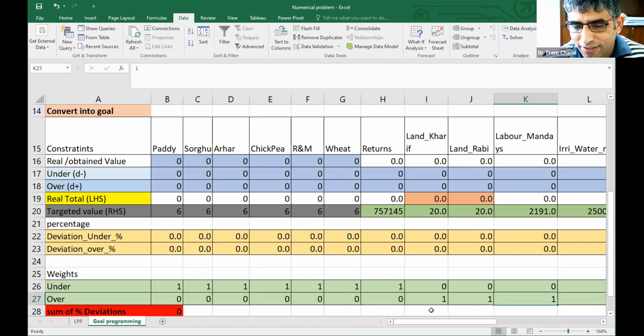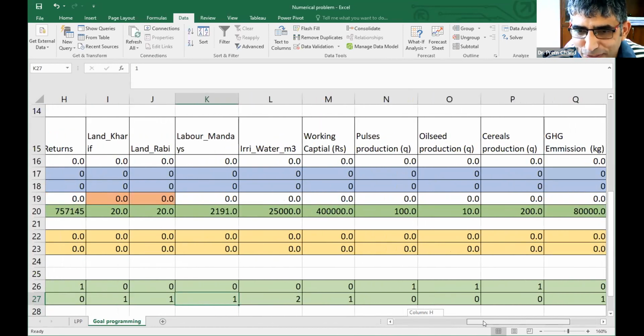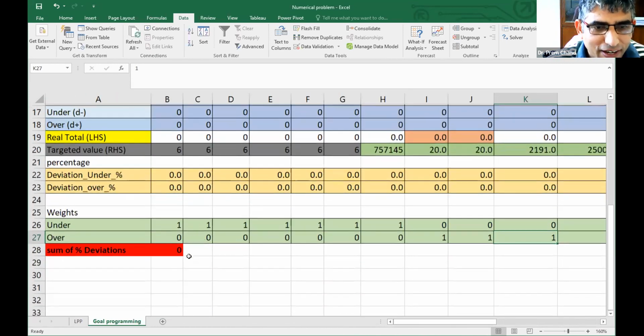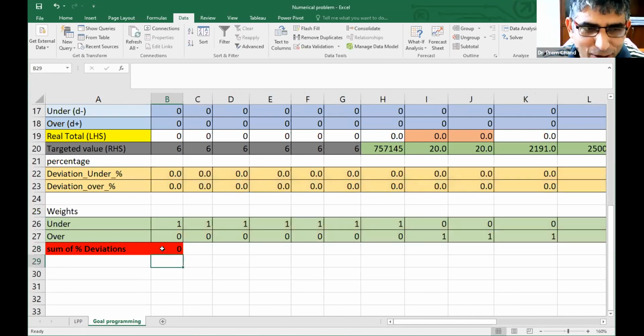So I have assigned weights to each of these goals. And finally, I have summed up the deviations. So my objective function now becomes this one: minimization of deviations from the goal set.